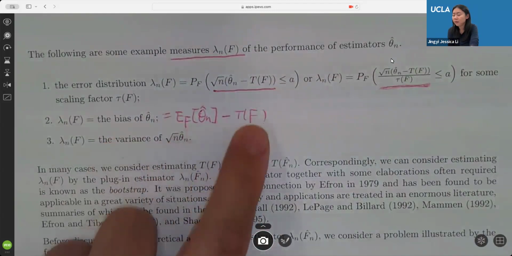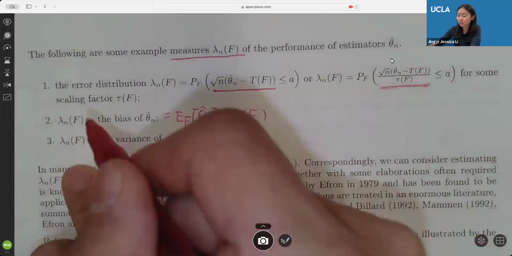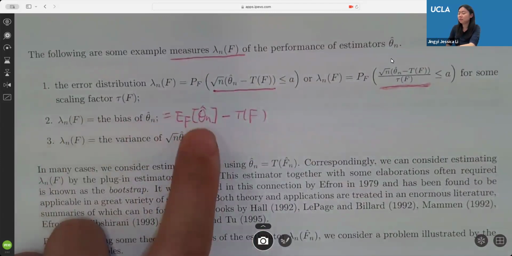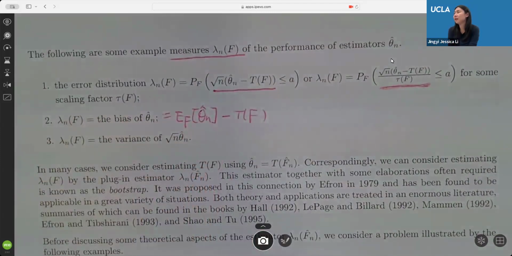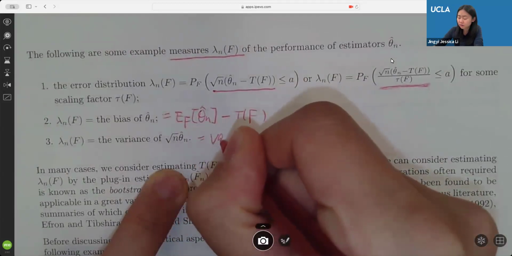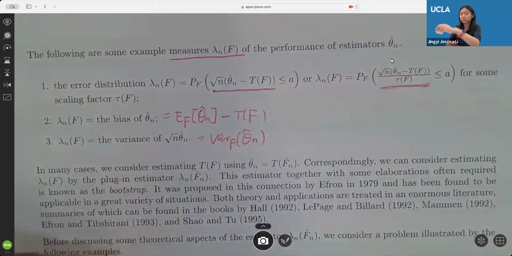Both depend on F. That's why the measure is a function of F. And remember, in the measure we have this subscript n because theta hat n carries n, the sample size. Finally, the variance of the estimator, which is also a function of F, because the variance is defined as the variance under F of theta hat n.